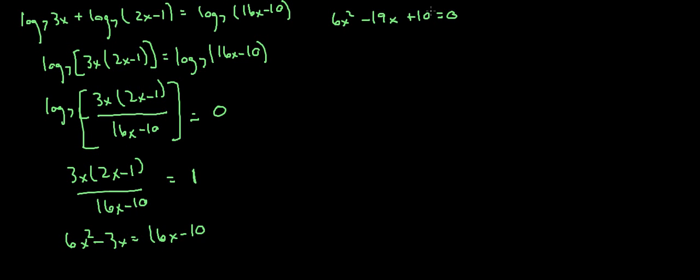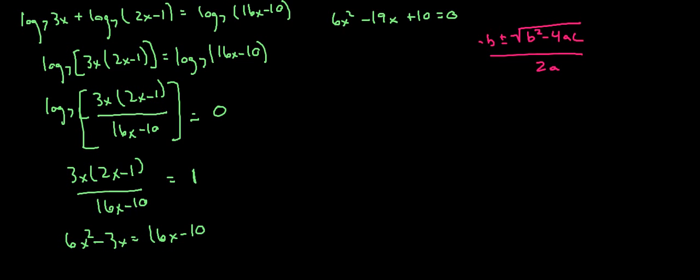Now I need to factor this, and I really can't do this off the top of my head, so I'm going to use the quadratic formula. Minus b plus or minus square root of b squared minus 4ac over 2a. So I'm going to fill in this formula.